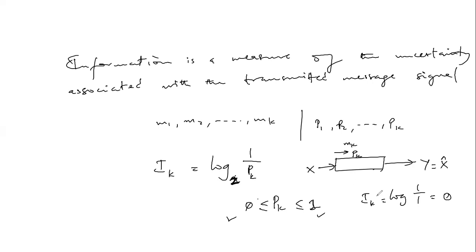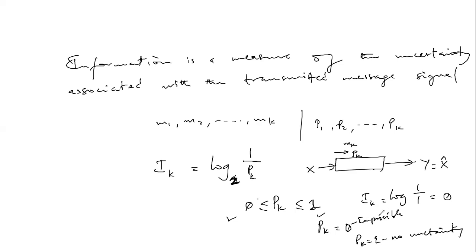So based on the definition of information, when there is no uncertainty, that is, the probability is equal to 1, we see that no information is gained.